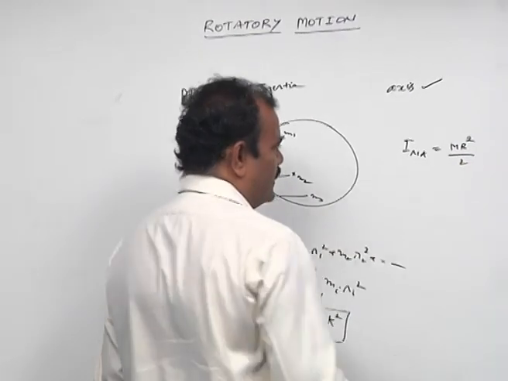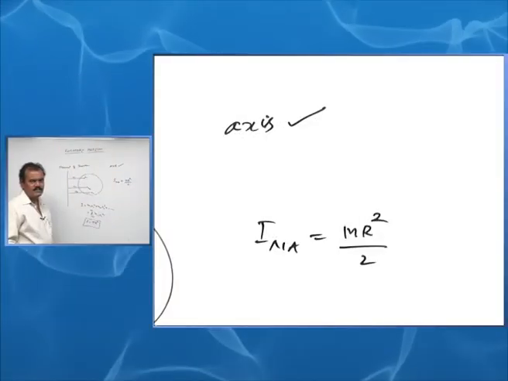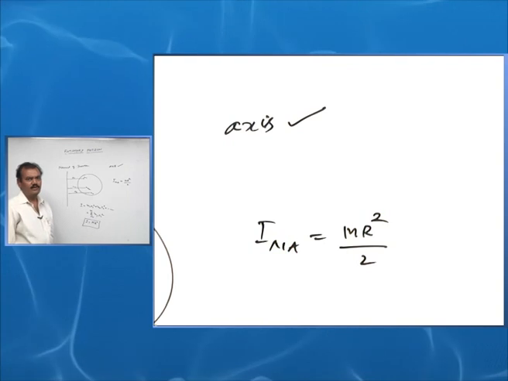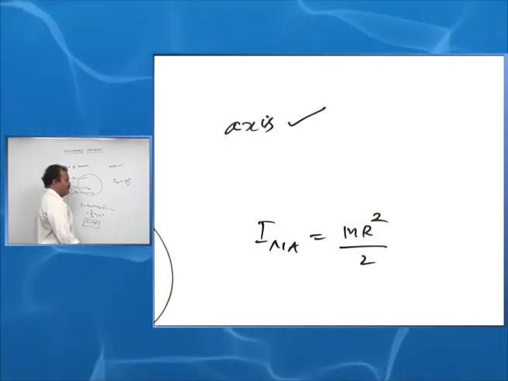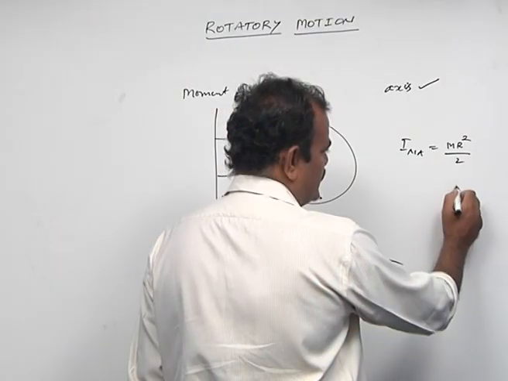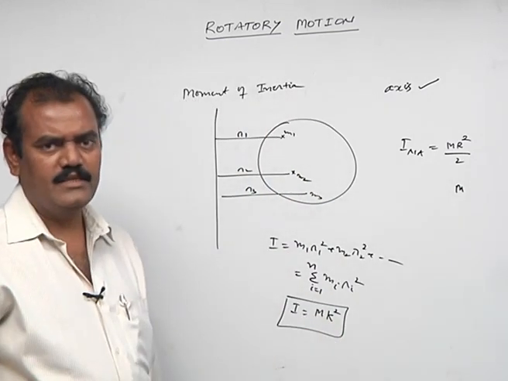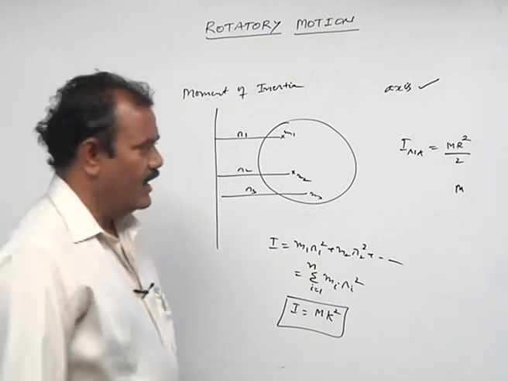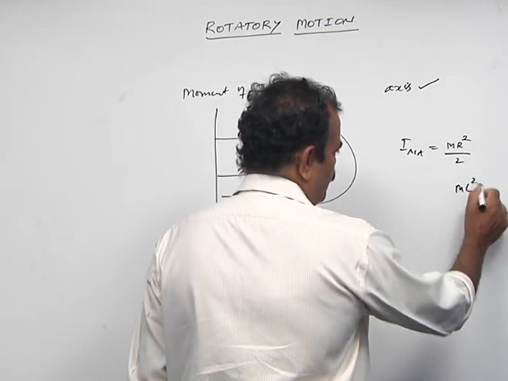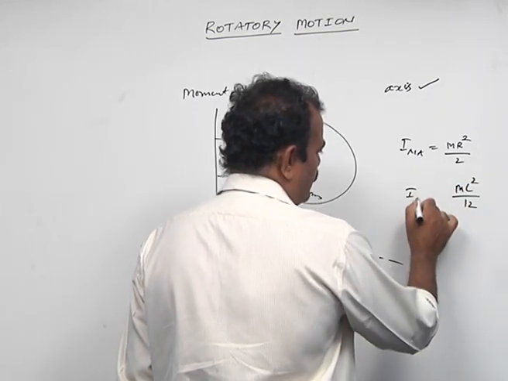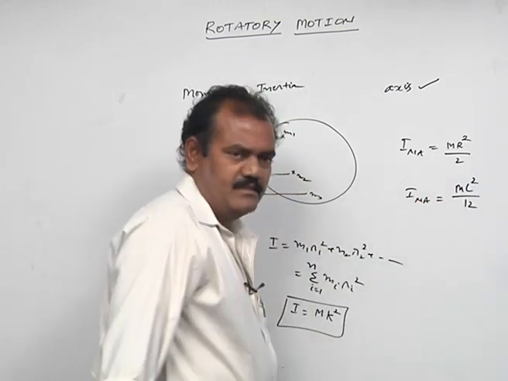Suppose you take another body having the same mass, a uniform rod. For that uniform rod, about the natural axis, the moment of inertia will change, and it is ml square by 12. I_NA for the uniform rod is ml square by 12.